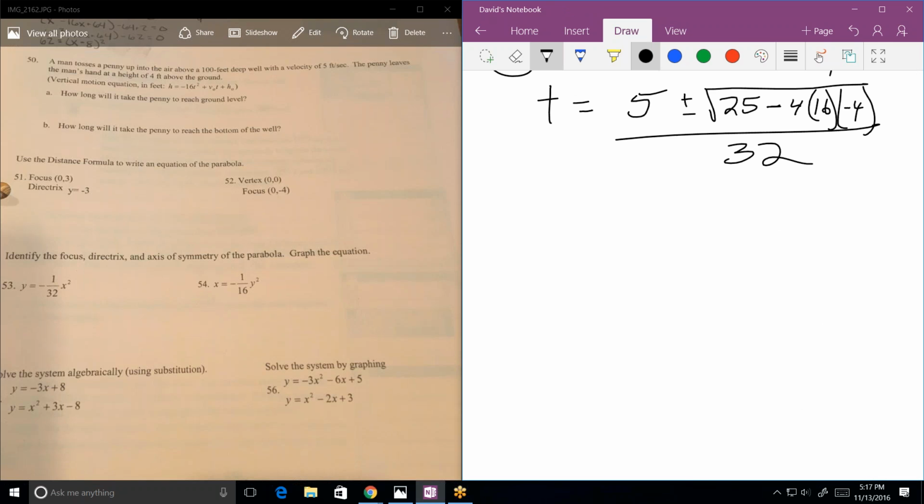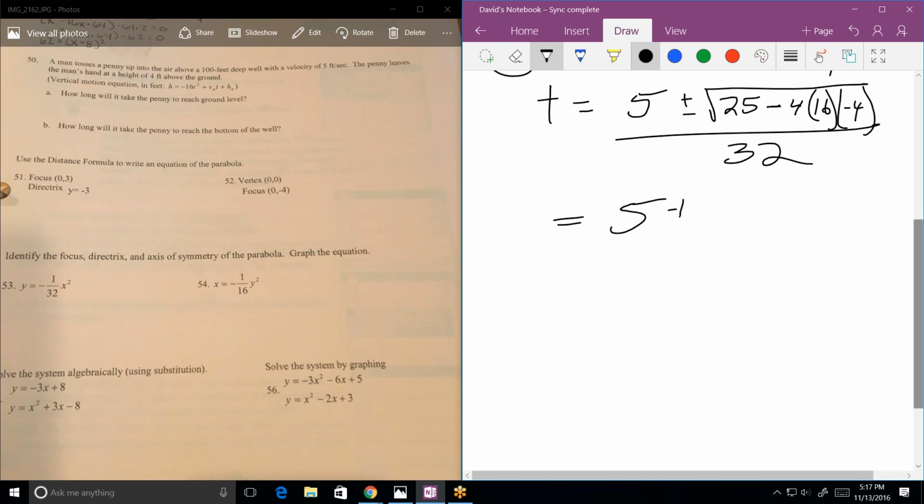What's inside the radical now? You might need a calculator if you don't have one in front of you. It's not with me right now. Do you want me to go grab it? I don't want you to do that. Here, let me tell you what it is. 16 times 16 is 256.